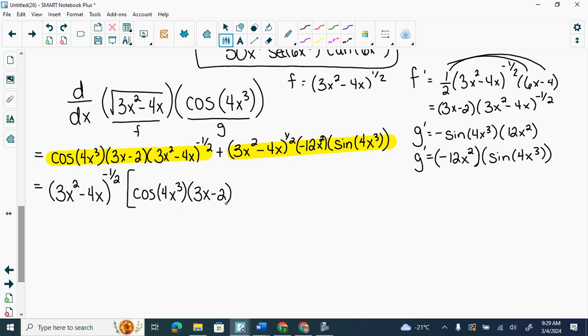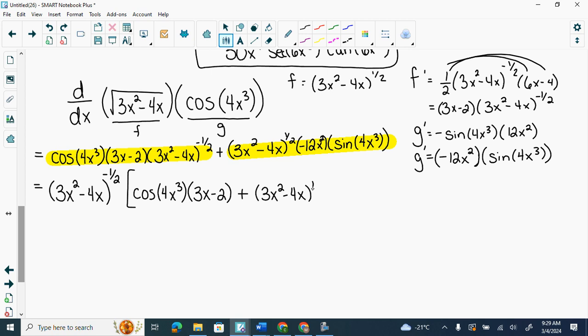Does everyone agree with that statement? Okay, plus, what happens when I take a 3x squared minus 4x to the negative a half out of 3x squared minus 4x to the half? You just end up with this bracket to the what? 1. Because a half minus a half is 1.